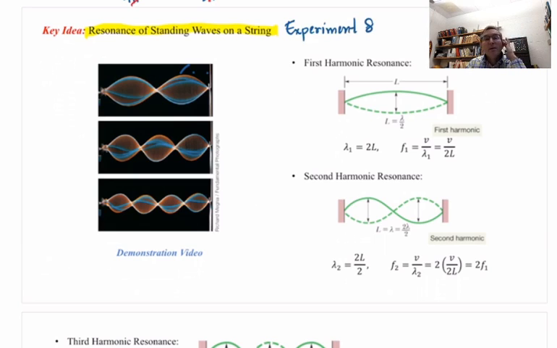Okay? And if we had normal situations where you were in the lab for experiment 8, you would be creating what are called standing waves on a metal wire, not a string, and studying the mathematical properties of those waves.